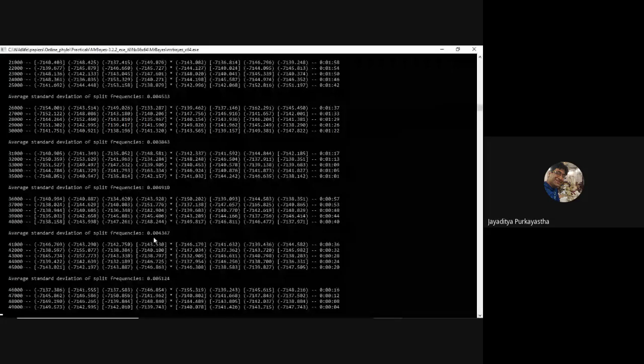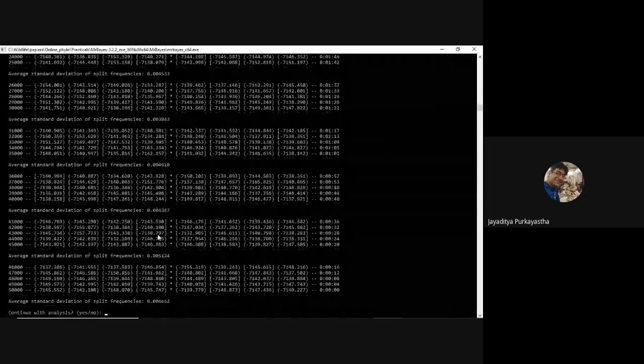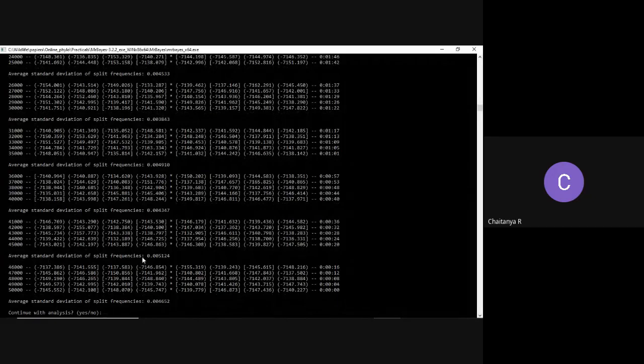Your voice broke. Can you repeat the whole line again? Yes. So you see this line called average standard deviation of split frequencies. This basically is a comparison between run 1 and run 2 to see if the 2 runs are converging at the same set of trees, right?